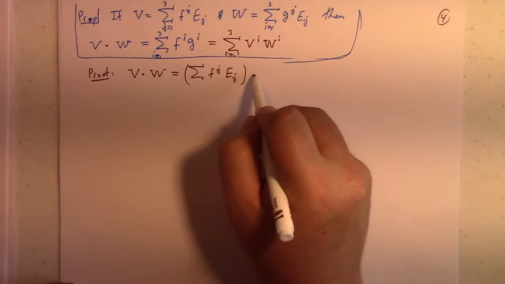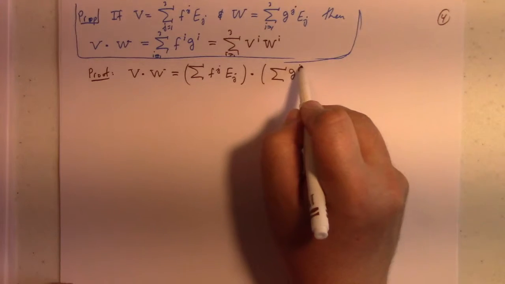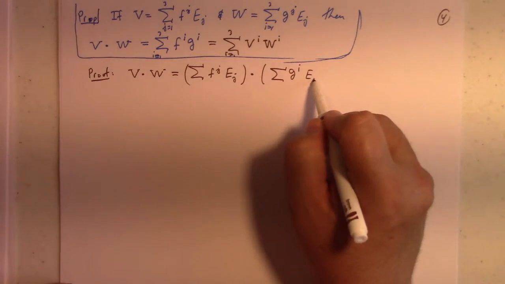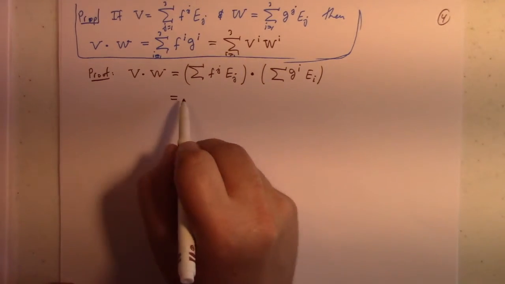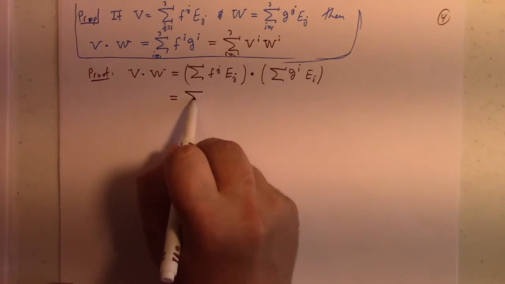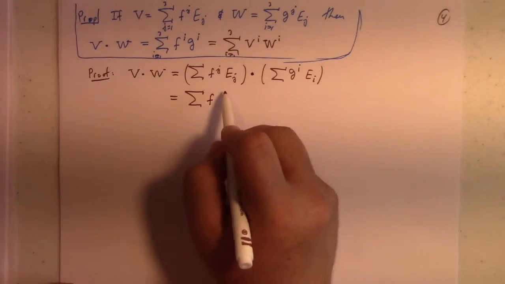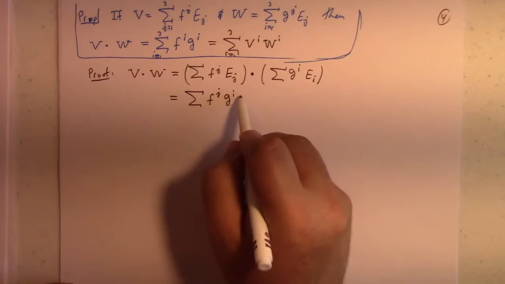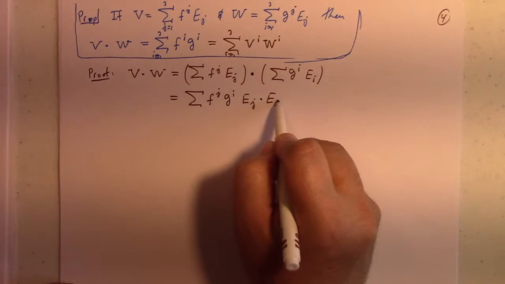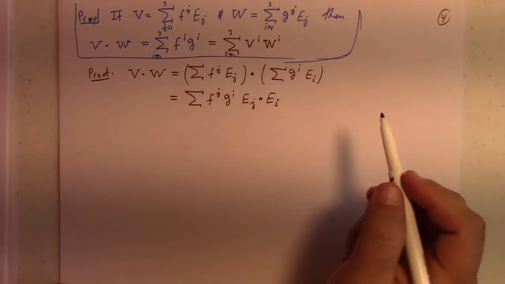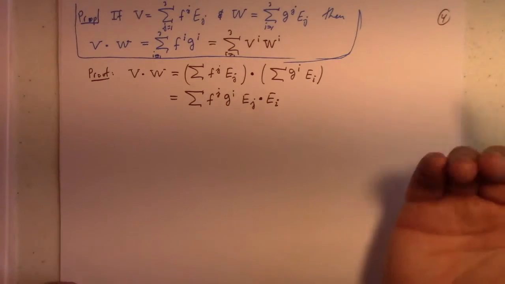So I'm going to drop some of the notation, dot sum g i. I should use different letters for the dummy indices of summation when I'm using them both in the same expression, otherwise it's bad. So then I have a sum, and I've got these components, f j, g i, and then I've got ej dot ei. I'm using the properties of dot products here, which, by the way, are the same for R3 as they are for the tangent space of vectors attached to a point in R3.